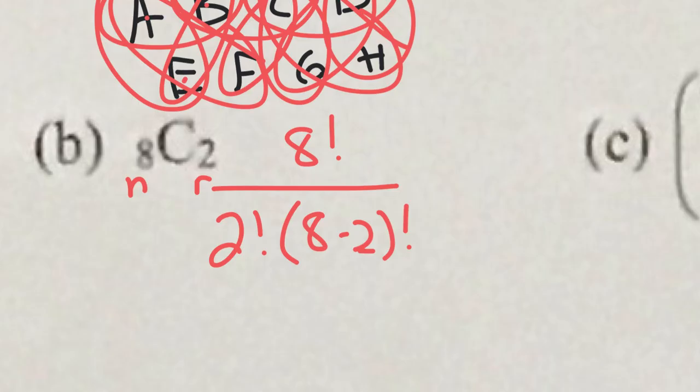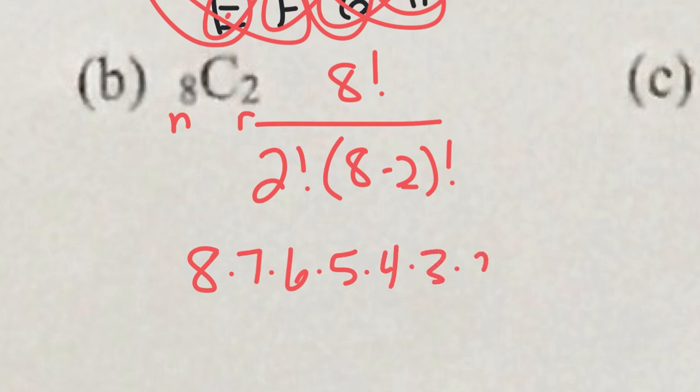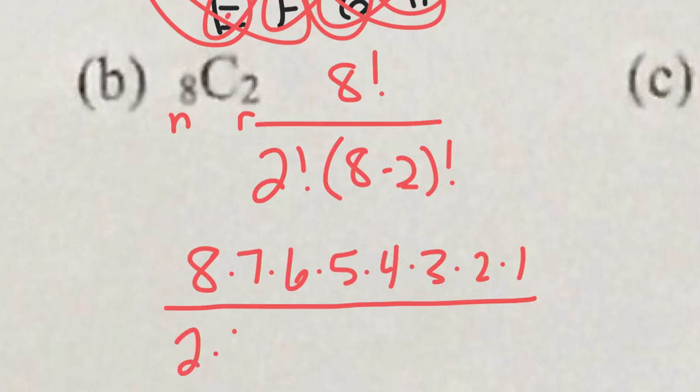How many different ways can we choose 2 people out of 8? 8 factorial is 8 times 7 times 6 times 5 times 4 times 3 times 2 times 1. 2 factorial is 2 times 1, and of course 8 minus 2 is 6 factorial.